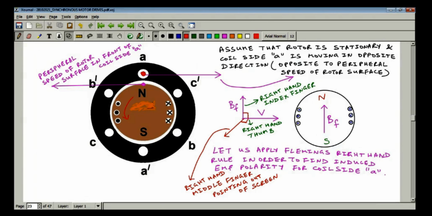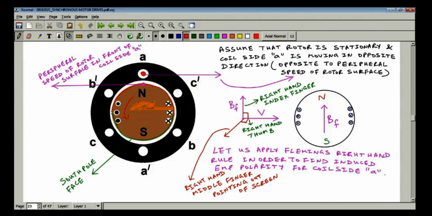This will be dot. Now, north pole surface is this one. Let me sketch it. This thing is your north pole surface. And this thing is your south pole surface, south pole face.